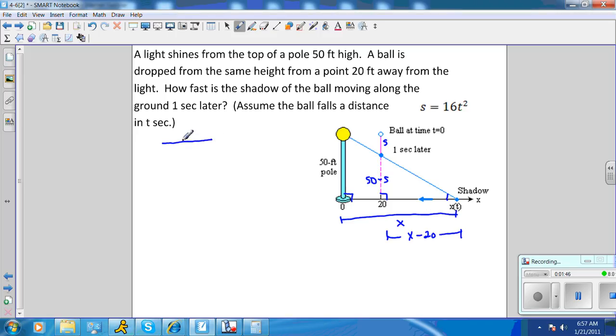We're going to say that this 50 is to 50 minus s as the distance, big triangle to small triangle. So big triangle again is x, and the small triangle we said was x minus 20.